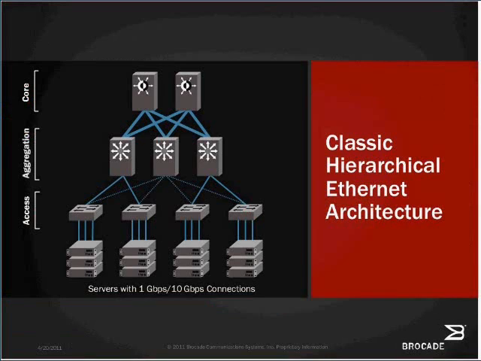So let's talk a little bit about what the fabrics do. I alluded to some of this earlier, but in a classical hierarchical Ethernet architecture where you have access, aggregation, and core, this is usually done with a spanning tree network with your layer 2 capabilities at the access layer, and then layer 3 up to the aggregation. And what that does is it really limits your sphere of mobility. Usually your sphere of VM mobility is that very left-hand rack of servers there, and you usually can't migrate VMs to the other 3 racks of servers that you see in the diagram.